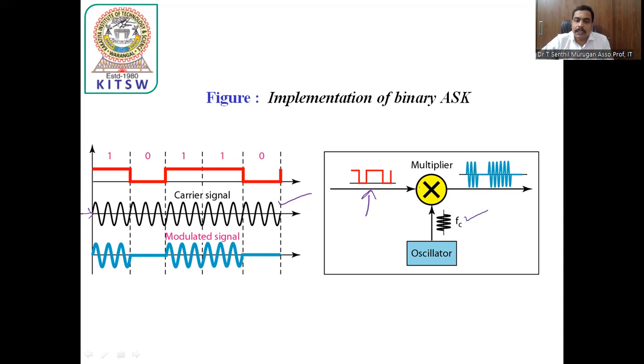The multiplier multiplies them, so wherever 1 is there, the signal will be passed, and wherever 0 is there, there is no signal. Here you see this 1 value, there is a signal, so the final output modulated signal waveform is there. Here 0 is there, so it is converted to 0 signal. Here also 0, there is no amplitude. This is the amplitude shifting technique.